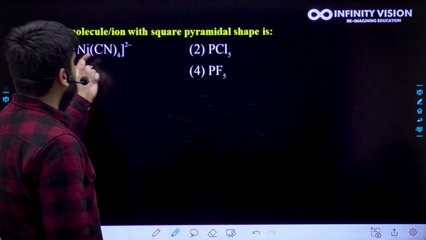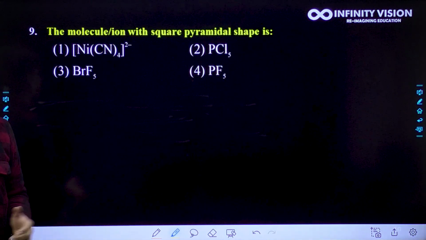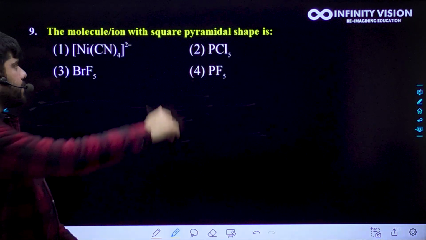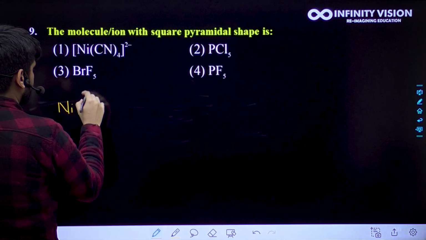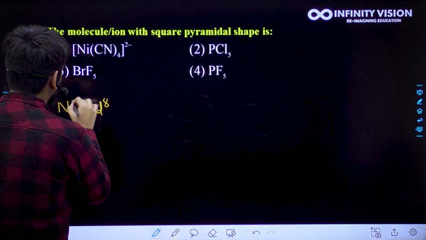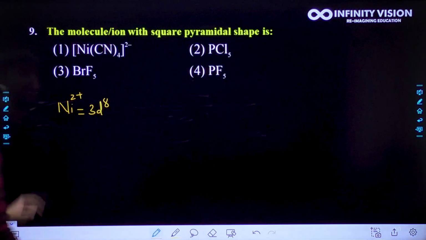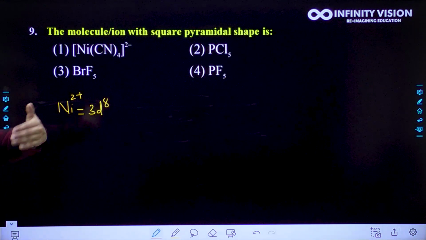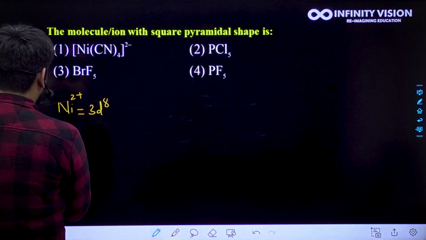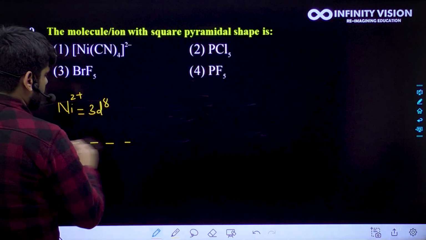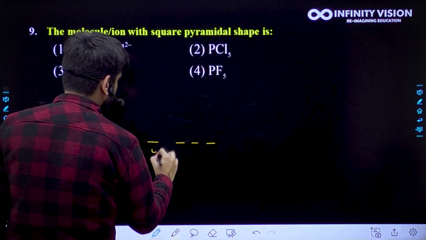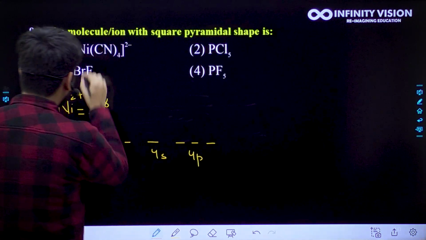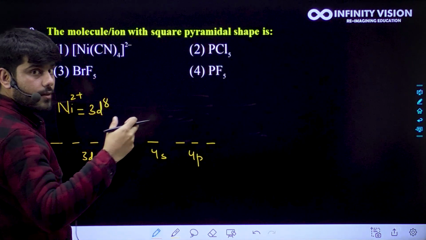The molecule or ion with square pyramidal shape. If we see the first option, we know that nickel here is a 3d8 system, right? Nickel is in +2 oxidation state. So Ni2+ is a 3d8 system. So if we see, this is 3d, this is 4s, this is 4p, and cyanide is a strong field ligand.